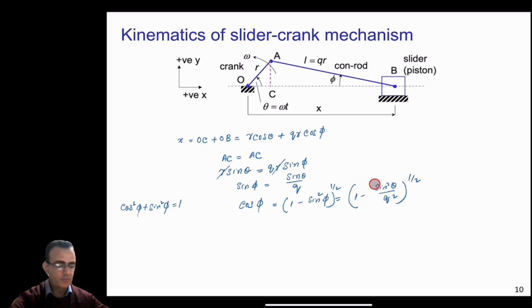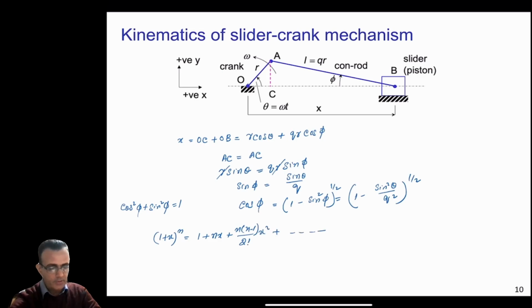So now we can put this equation into the equation for x here. But because this is a little bit complicated equation, we can first simplify it using the binomial expression. The binomial equation was (1 + x)^n equal to 1 + nx plus n(n - 1)/2 factorial x squared and so on.